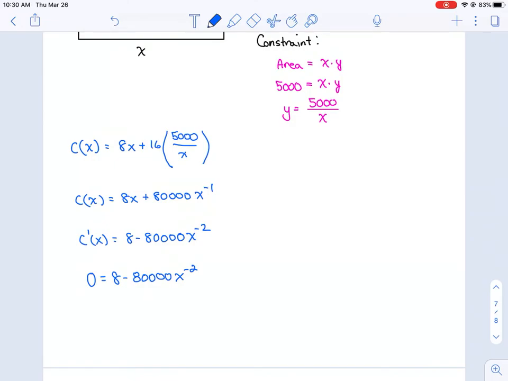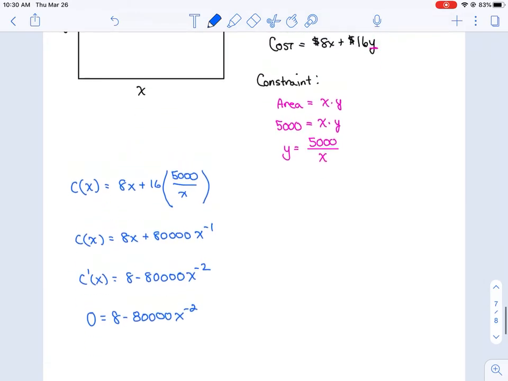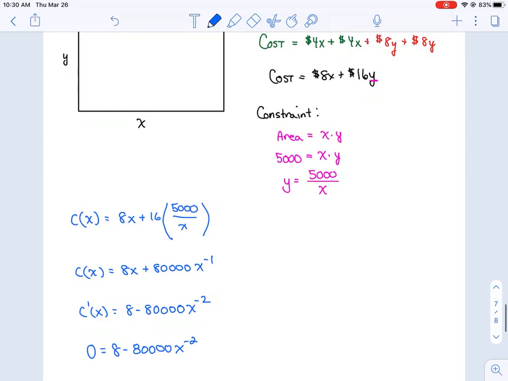Now, if this wasn't a word problem, you'd be required to solve that for x by hand. However, this is a word problem, so you have access to Desmos. So what we're going to do is we're going to use Desmos to graph the original cost function, c of x.